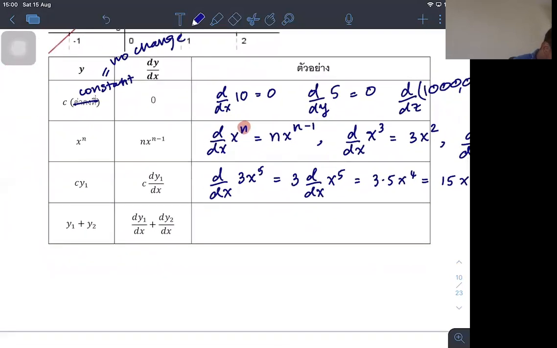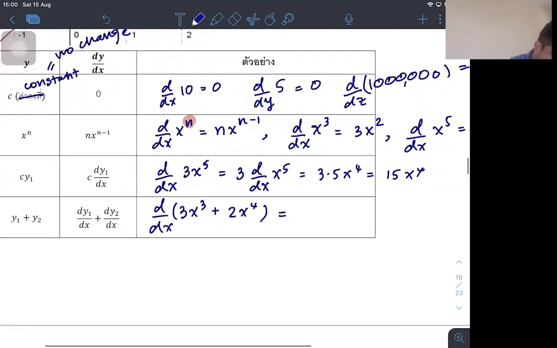And when you have 2 functions added together, you can distribute differentiation to each term, and then just add them up. For example, 3x to the 3 plus 2x to the 4, and you want to differentiate this polynomial. So you work out the first term.